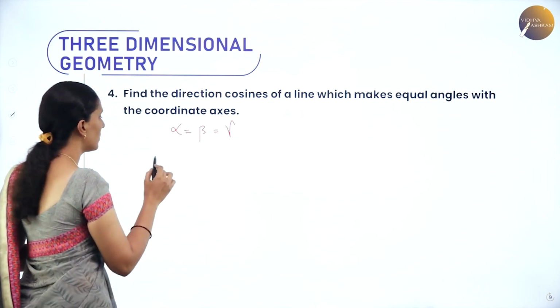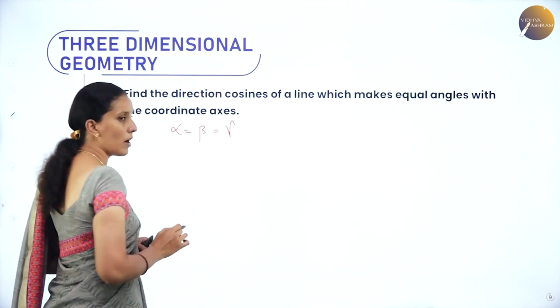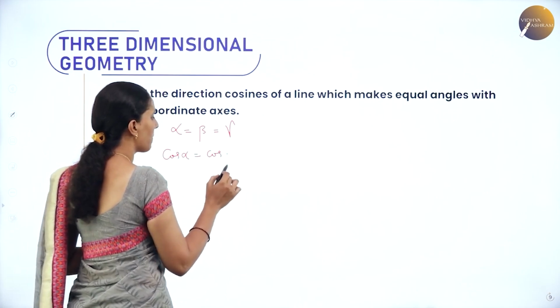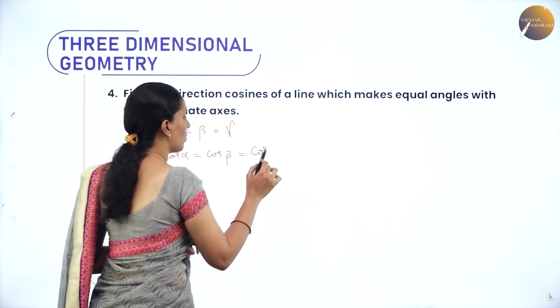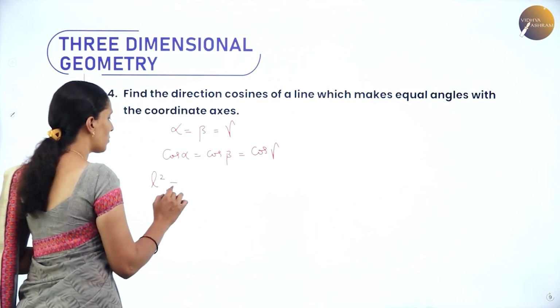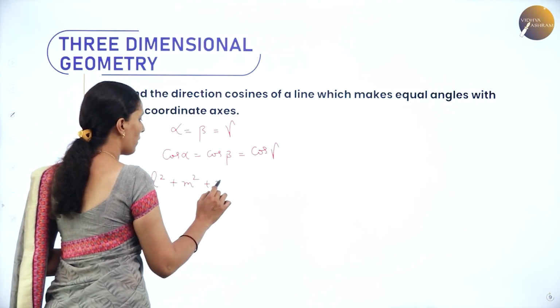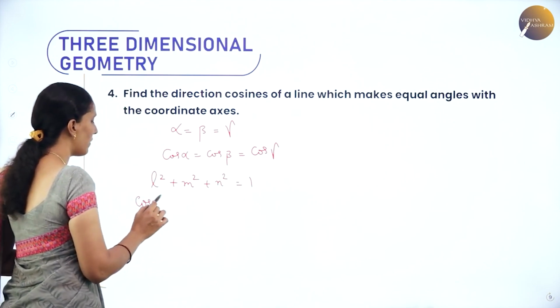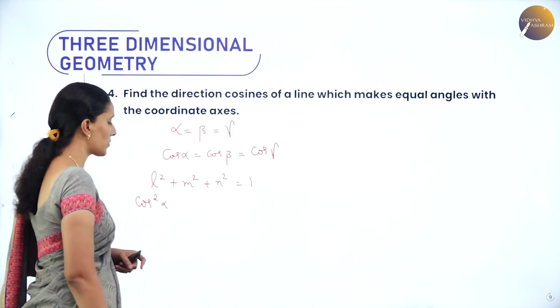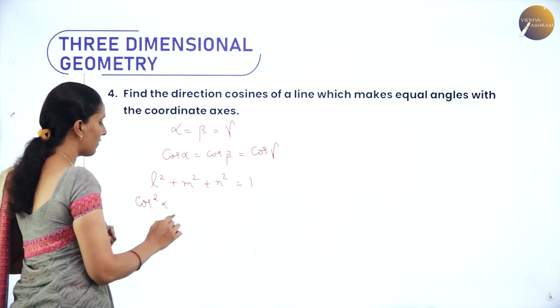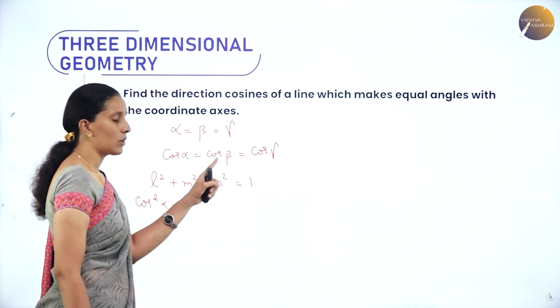We know that if alpha, beta, gamma are same, then cos alpha, cos beta and cos gamma are also same. So we have L square plus M square plus N square is equal to 1. L means cos alpha, so I can write it as cos square alpha plus M is nothing but cos beta.